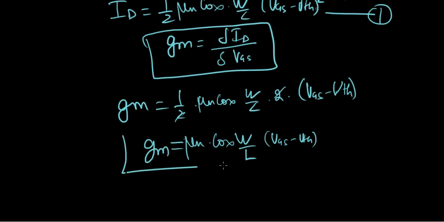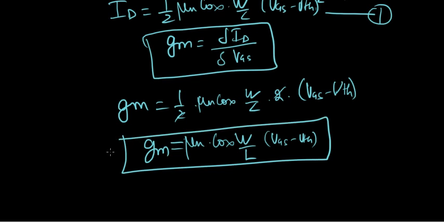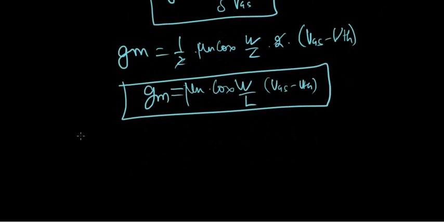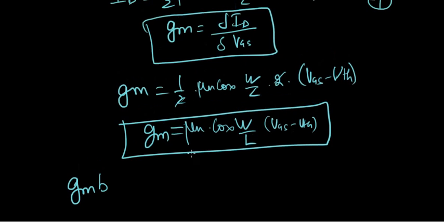Now, when we consider body effect, we say it's GMB, and I know I've not done the GMB part before. If GM equals the change in drain current for the change in gate-source voltage, what should this be? It's pretty intuitive.